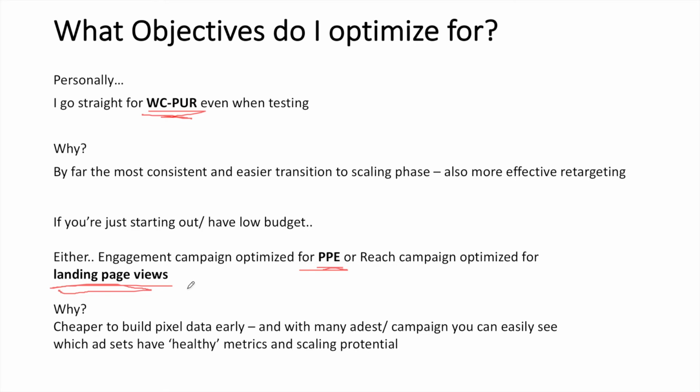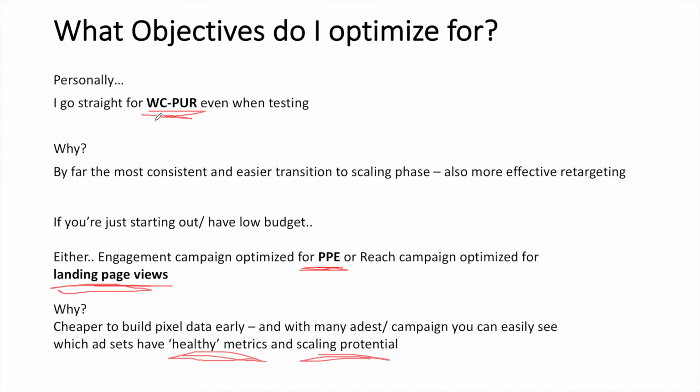The reason is that you can build cheaper pixel data by utilizing these methods, particularly if you're just starting out and your budget is lower. When you're testing multiple different ad sets per product with a low budget allocated to each, because the CPMs are so low with these objectives, you'll be able to penetrate the audience more and view more data within your ads manager and really see which ad sets have healthy metrics and scaling potential.